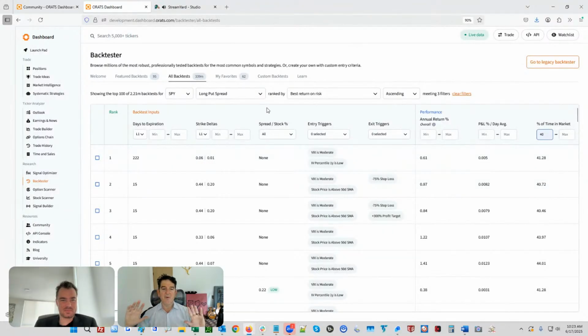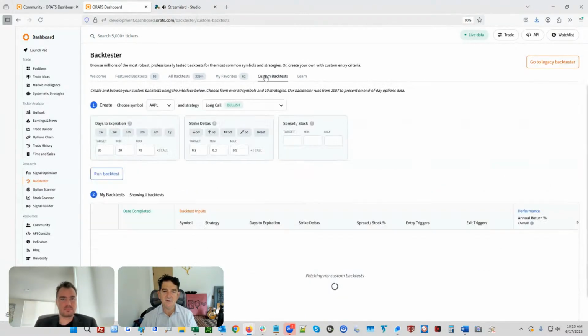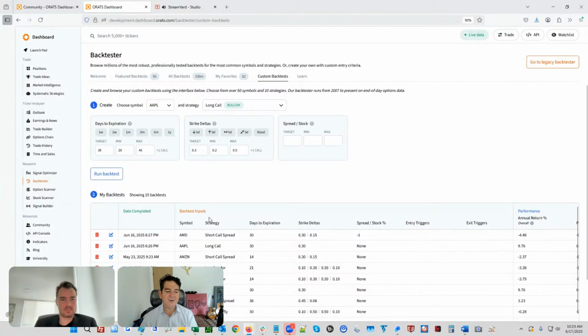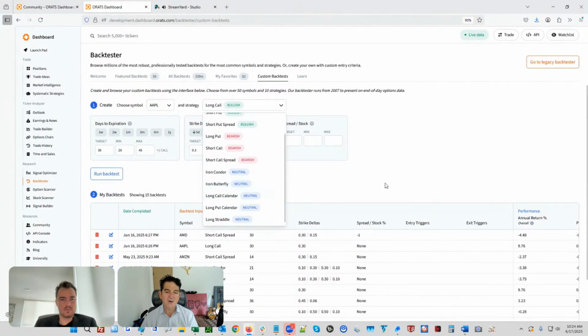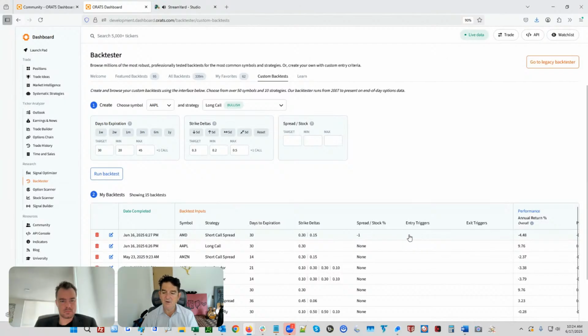Yeah, so that's the Backtest Finder. Remember that all these backtests are pre-run for you. But you could also go to the custom backtest, and this is a fast way on these same stocks to run a basic strategy. You do a strategy and do a backtest, and then you have a little bit more customization.